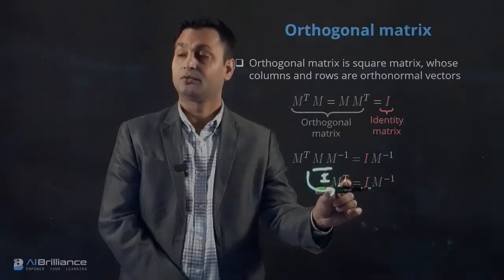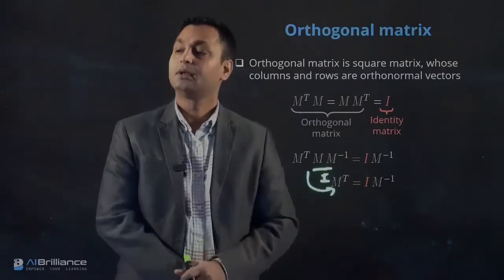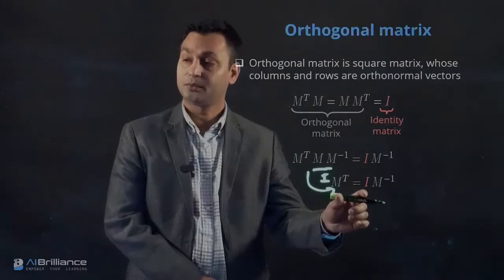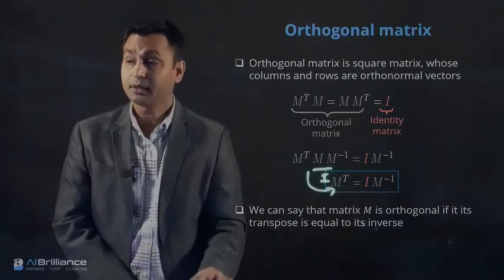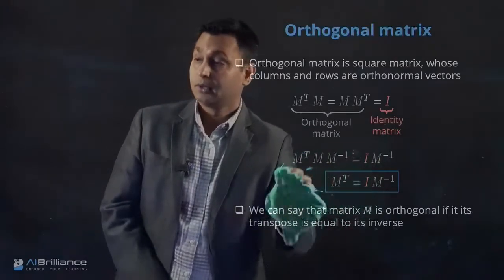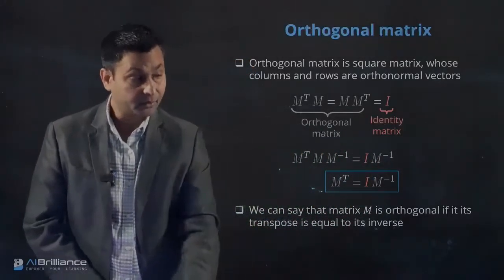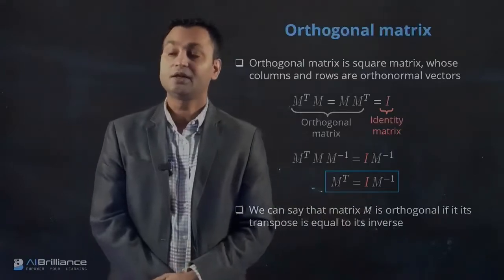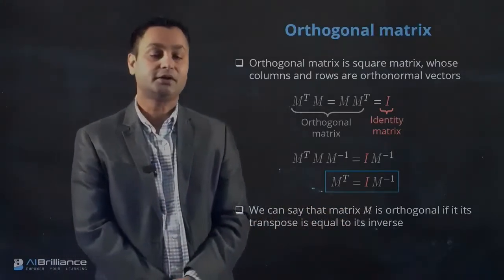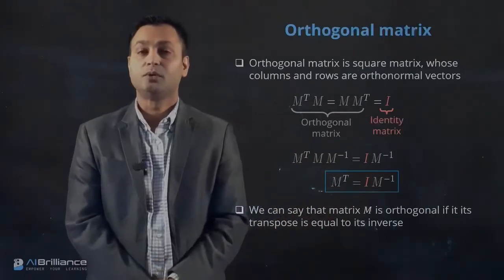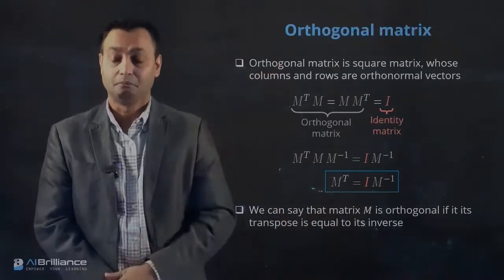So from this substitution we can write that M transpose is equal to M inverse. So we can say that the matrix M is orthogonal if its transpose is equal to its inverse. And any matrix that satisfies this property will be known as an orthogonal matrix.